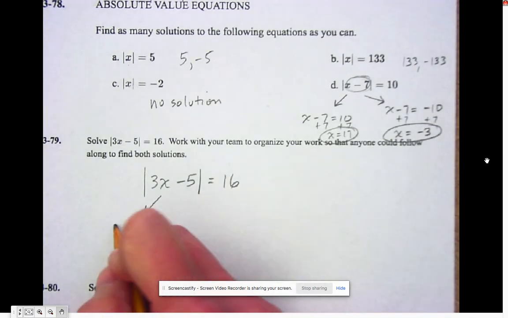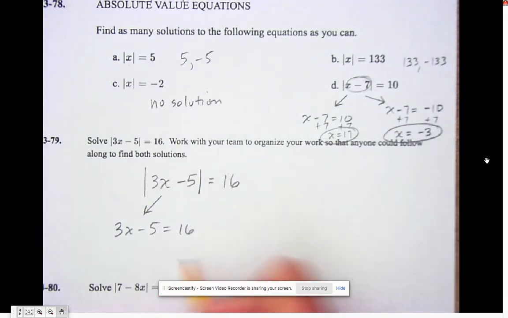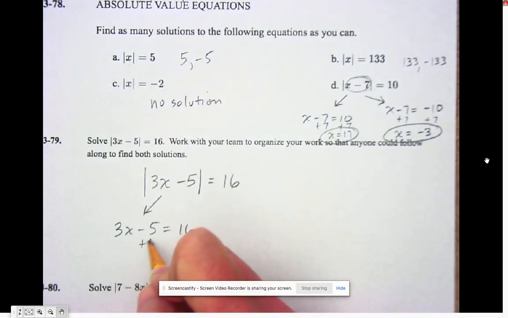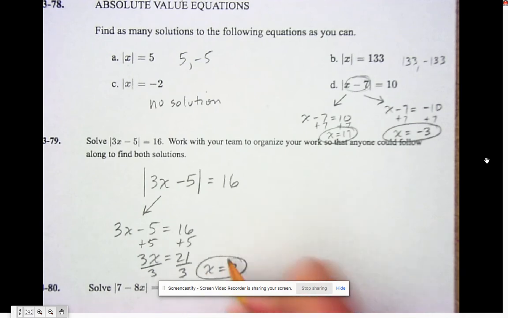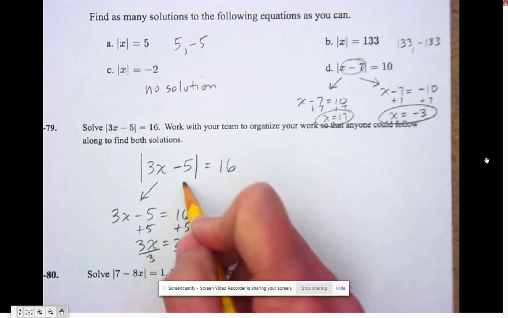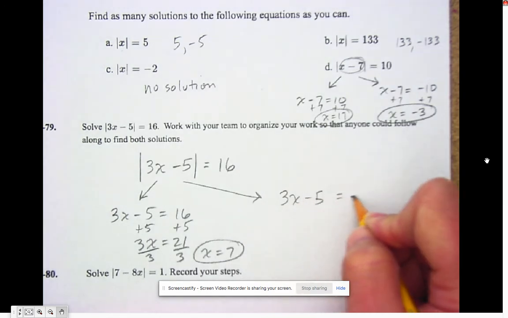Did you think that 3x minus 5 would either equal 16? Okay, in that case, what would x have to be? X would have to be 7. Or 3x minus 5 would have to equal negative 16.